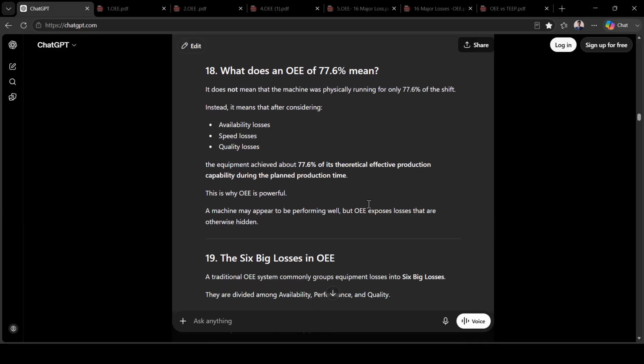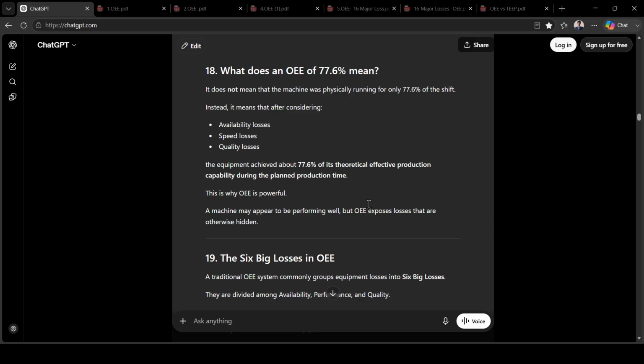Then what does an OEE of 77.6 percent mean? It does not mean that the machine was physically running for only 77.6 percent of the shift.